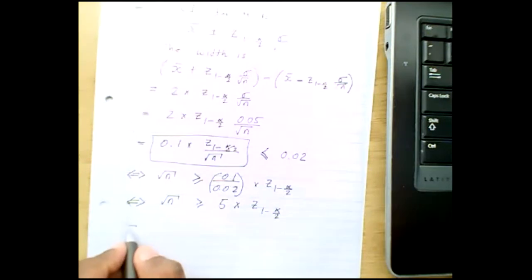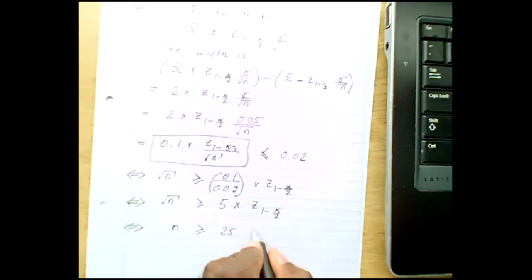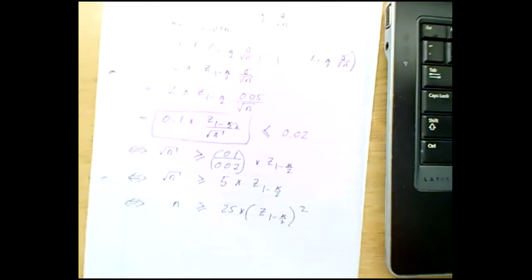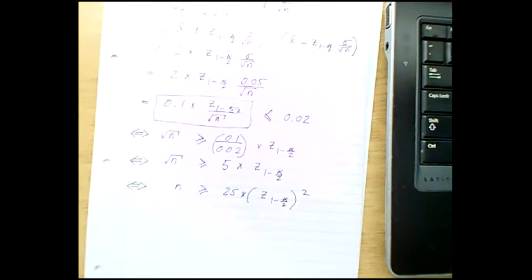If you square both sides, then you have n greater than or equal to 25 times z squared. Are you guys with me so far?